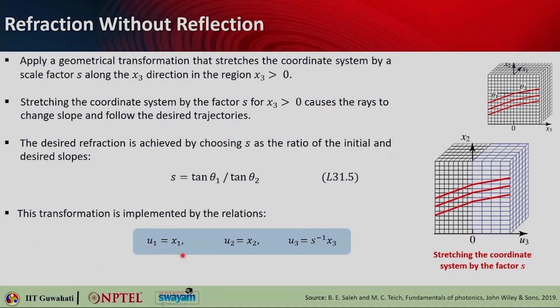The new coordinate u1 is the same as x1, there is no change in this direction. Similarly, you are not stretching along x2, so u2 equals x2, and the only thing that is changing is u3. So, u3 is nothing but s inverse x3. That is how you are stretching it.